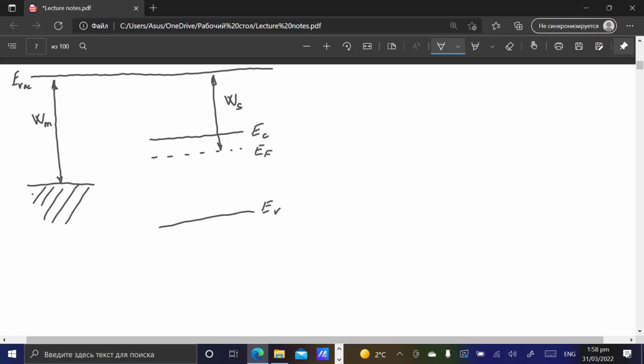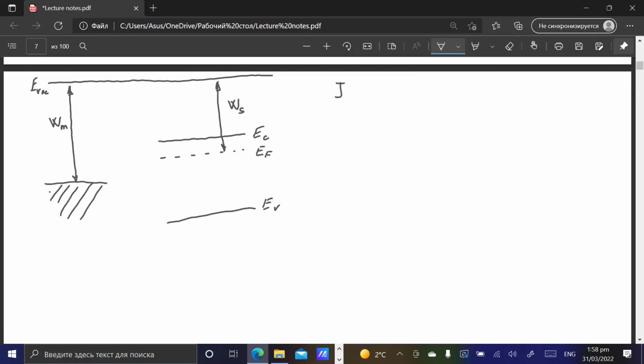You remember that J, the current of thermionic emission, is proportional to exponent of minus W divided by kT, where W is the work function. Since the work function is larger in the metal, and we have the minus here, the flux of electrons per unit time will be larger from the semiconductor than from the metal.